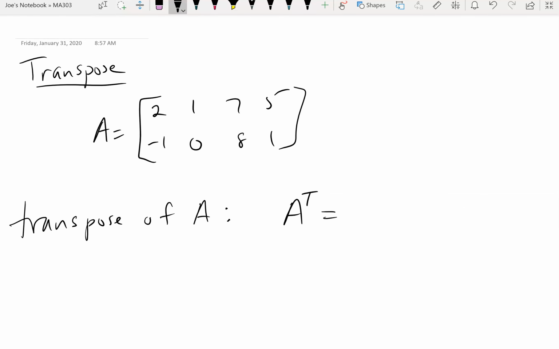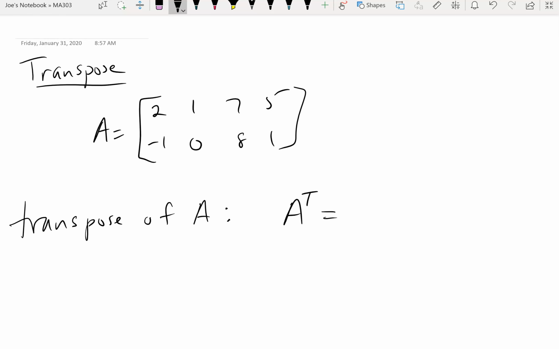So basically what the transpose does is it is a reflection. If you think about it in a visual way, it's a reflection about the line that starts in the upper left-hand corner and goes down diagonally. In particular, rows become columns and columns become rows. Not unlike when you do inverses of functions, x's become y's and y's become x's.